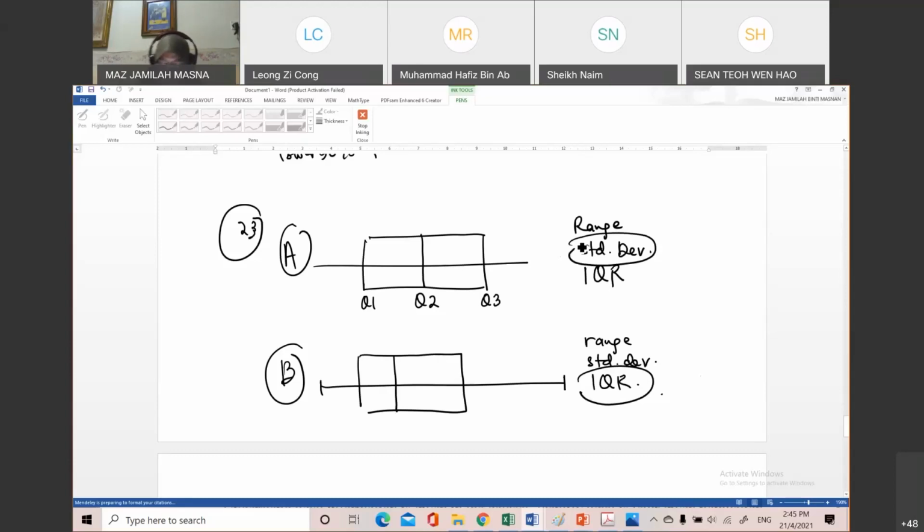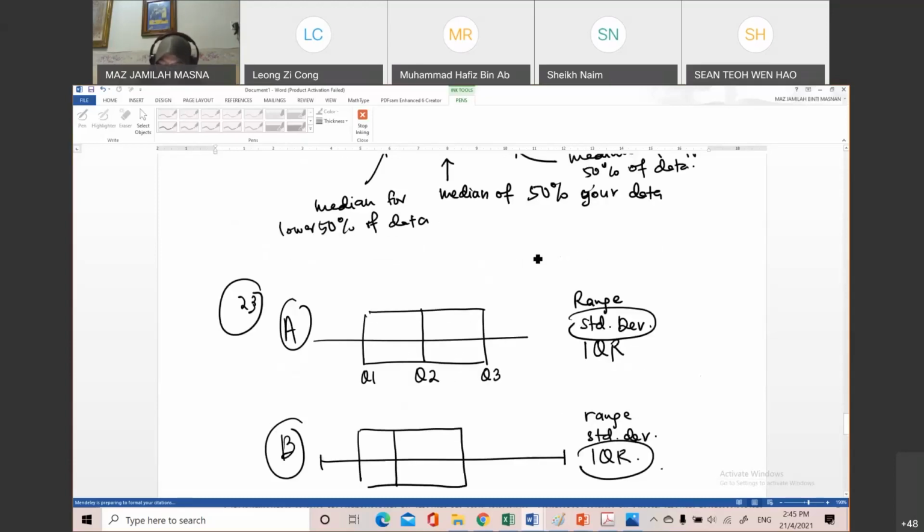Let's analyze. Now, what is standard deviation? STD is the square root of the summation of xi minus x bar squared divided by n minus 1. When we talk about standard deviation, we are talking about the dispersion from the mid value.